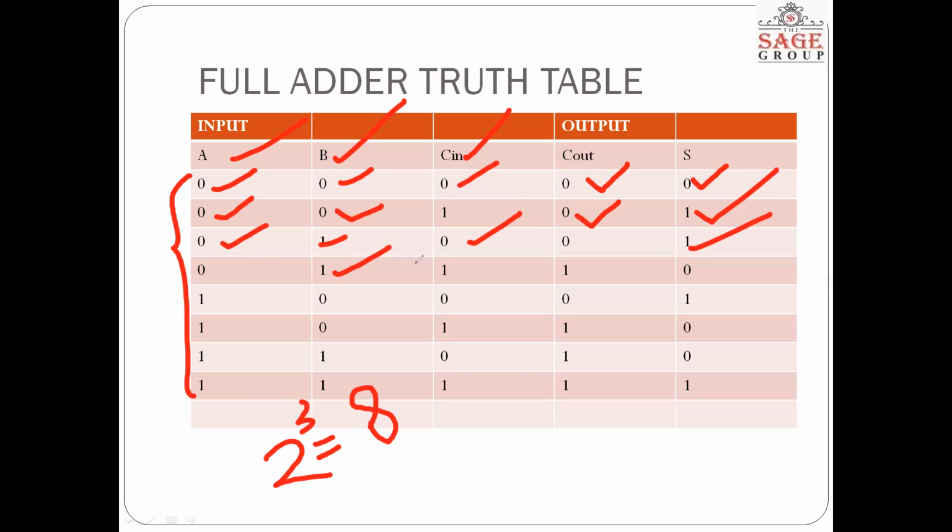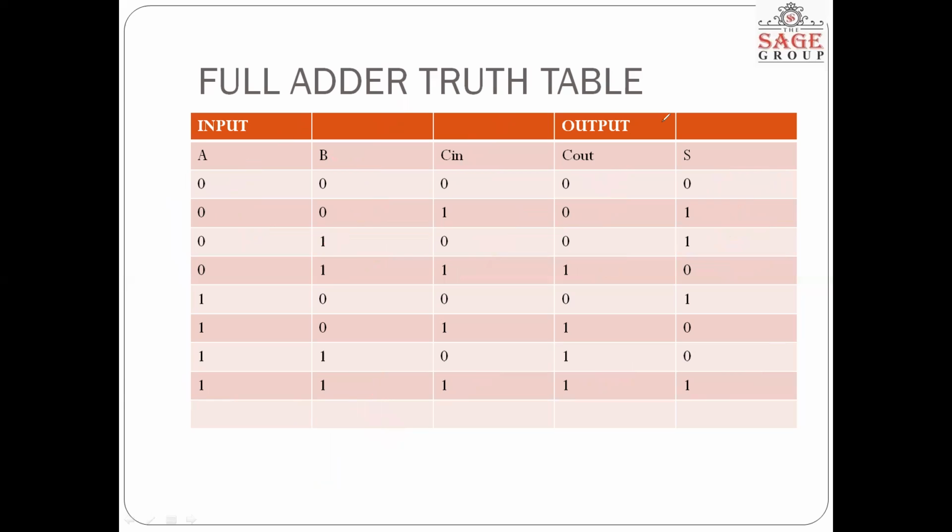When two variables are 1, the carry output is 1 and the sum is 0, which means 1 plus 1 is 1, 0. So sum is 0 and carry output is 1. When we take 1, 1, and 1, that is three 1s, then carry output is 1 and the sum is 1. So this is the truth table of the full adder we discussed, right?